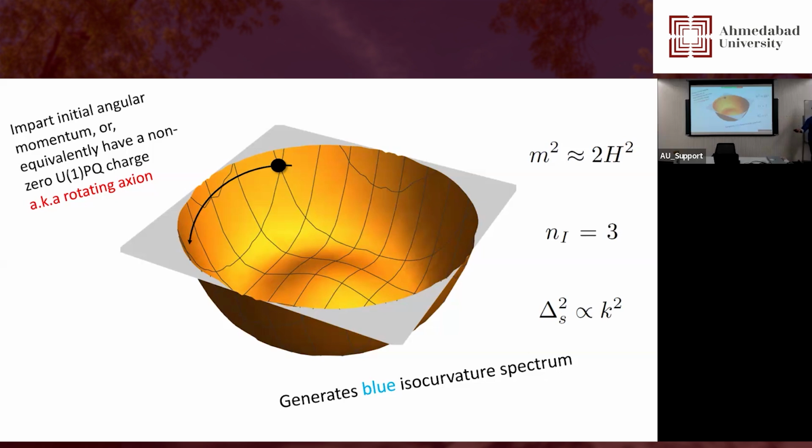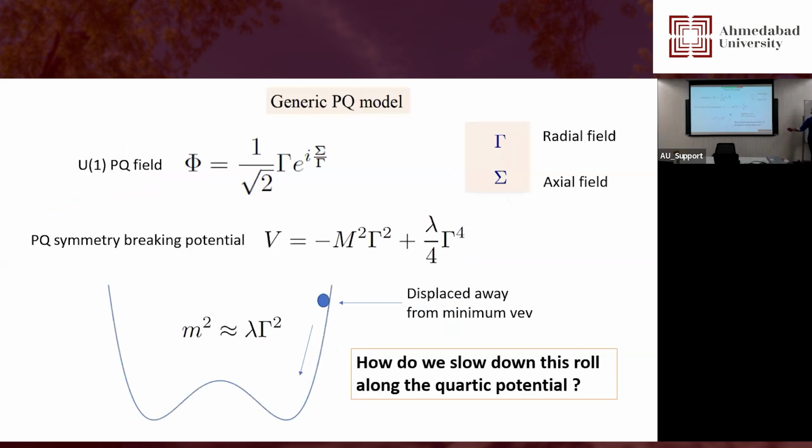And there's a reason for that, because the lambda phi to the fourth potential is actually a conformal potential from a cosmological perspective. It has this conformal symmetry. So I'll have the a to the power 4 factor, and then with lambda phi to the fourth, that a to the power 4 gets absorbed, as I will show. And that essentially leads to this kind of scaling where this is just 3, n_iso equals 3.